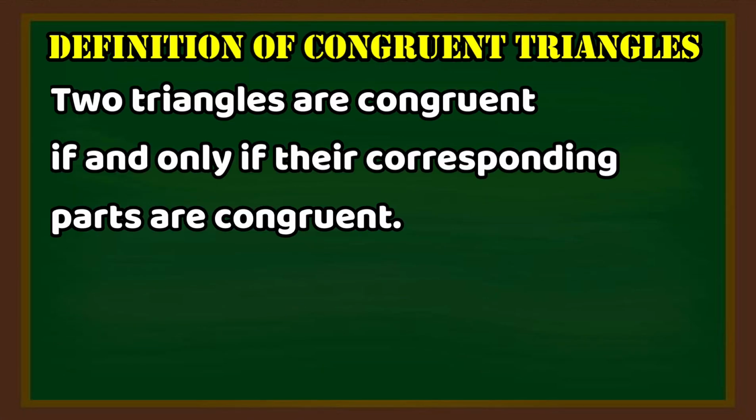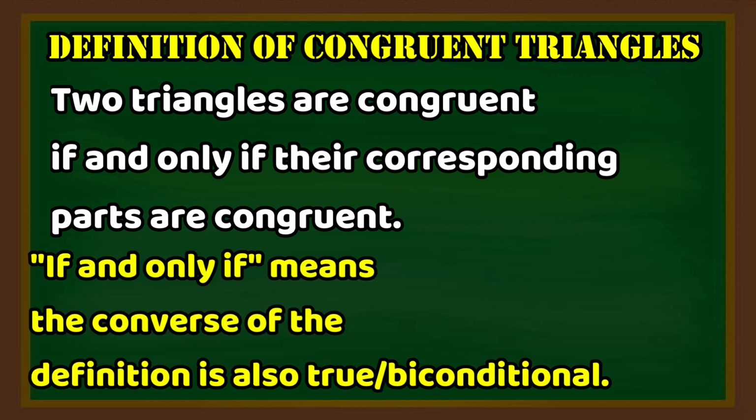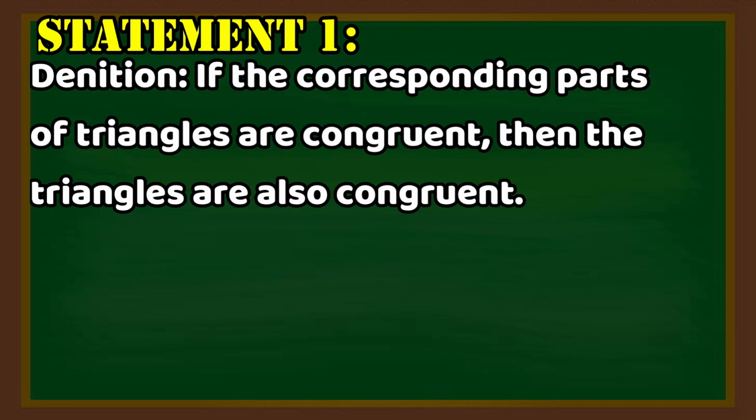Two triangles are congruent if and only if their corresponding parts are congruent. In math, if and only if means the definition of congruent triangle is biconditional. And what is biconditional? To understand this better, let's recall the if-then statement. Statement 1. If the corresponding parts of triangles are congruent, then the triangles are also congruent.